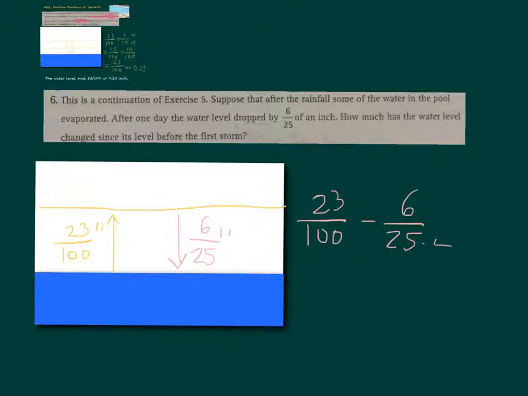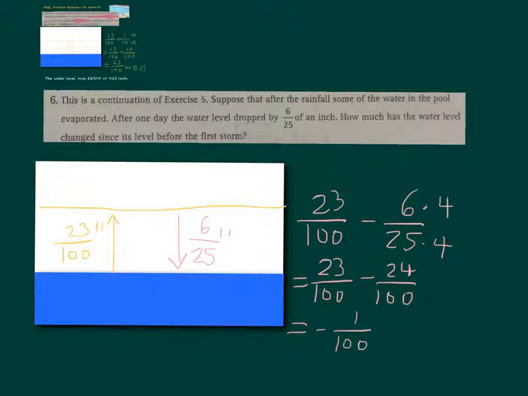So I multiply 6/25 by 4/4. So I have 23 hundredths minus 24 hundredths. 23 minus 24 will give you -1. So this is -1 over 100. So that is our answer. Since this is a negative number, it means that the overall water level dropped.